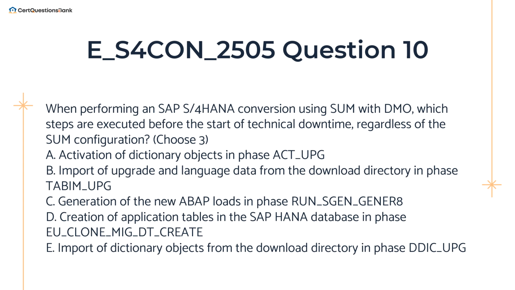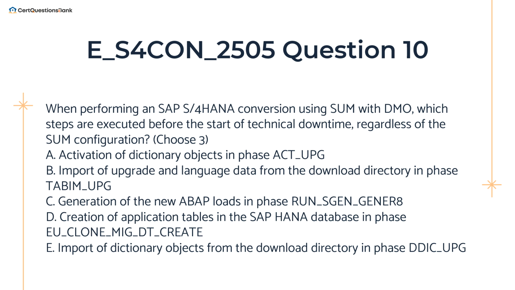When performing an SAP S/4HANA conversion using SUM with DMO, which steps are executed before the start of technical downtime, regardless of the SUM configuration? Choose 3. A. Activation of dictionary objects in phase ACT_UPG. B. Import of upgrade and language data from the download directory in phase TABIM_UPG.